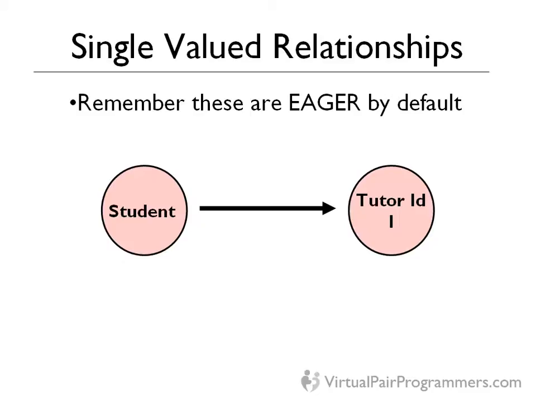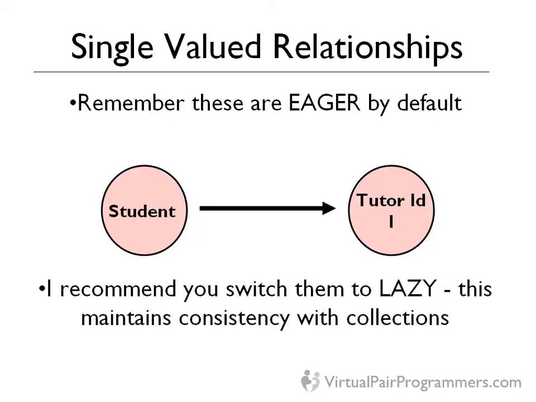And we saw also that because of the way Hibernate implements this, you might end up with the n+1 selects problem. So my recommendation is that you switch single valued relationships to lazy, and that will maintain consistency with collections, and you can always do an eager fetch as and when you need it.